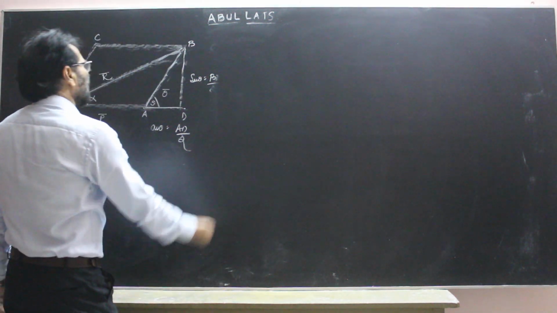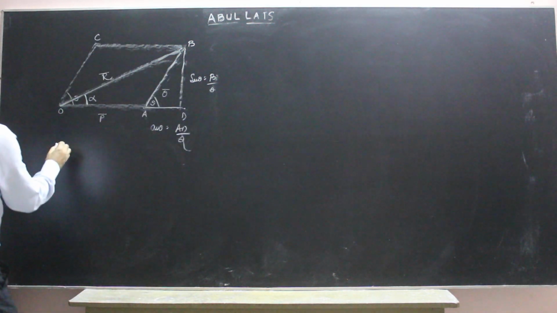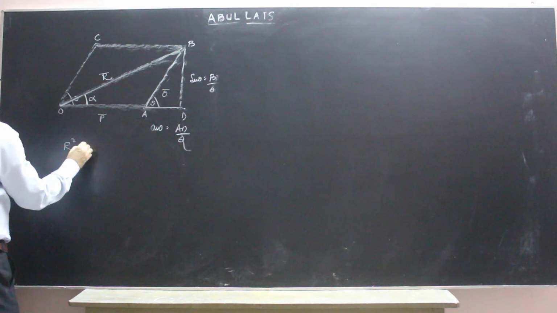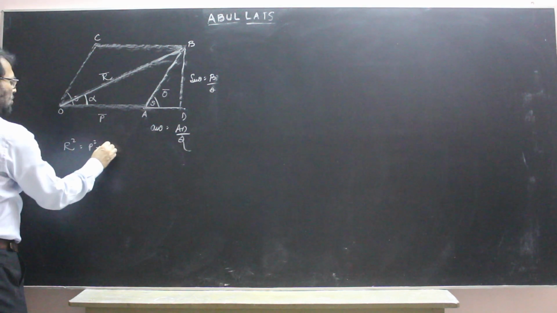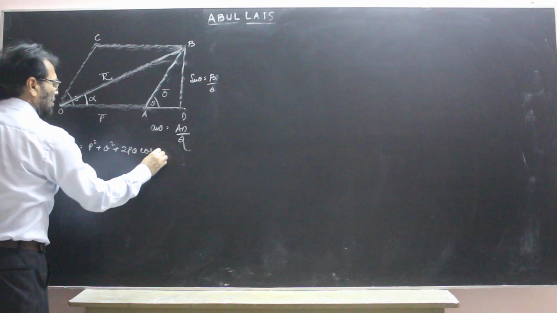Now R square is P square plus Q square plus 2PQ cos theta.